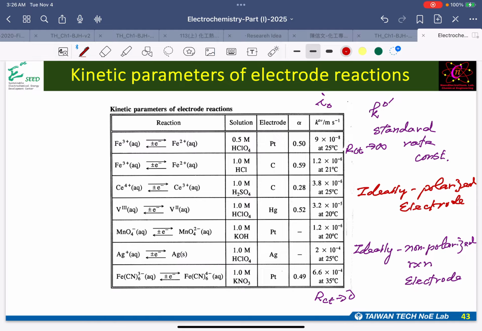So one is ideally non-polarized, one is ideally polarized.